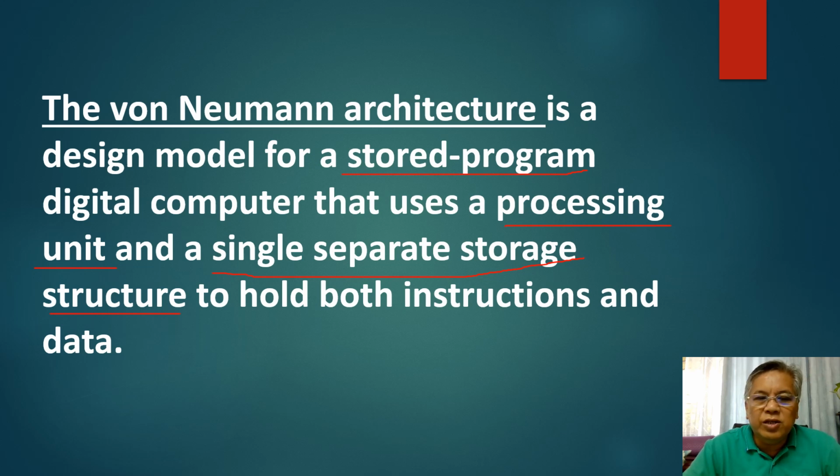This storage structure holds both instructions and data. Unlike the old type of computer, there are memories that can store instructions or programs and your data. So that is what von Neumann architecture is.